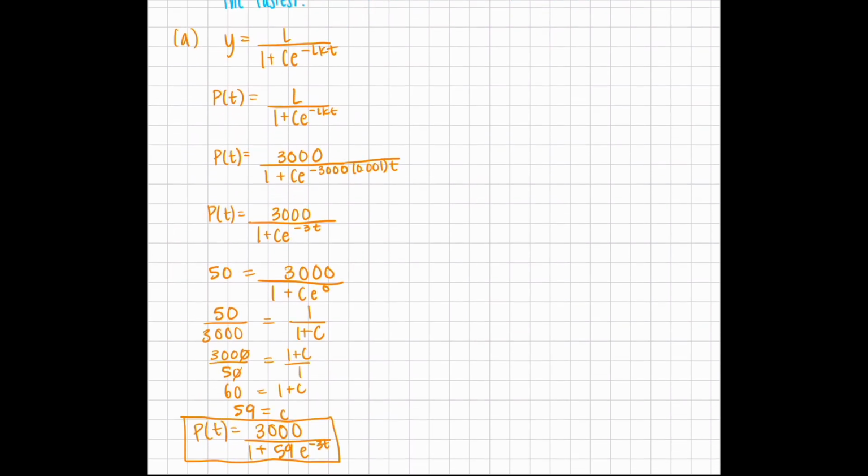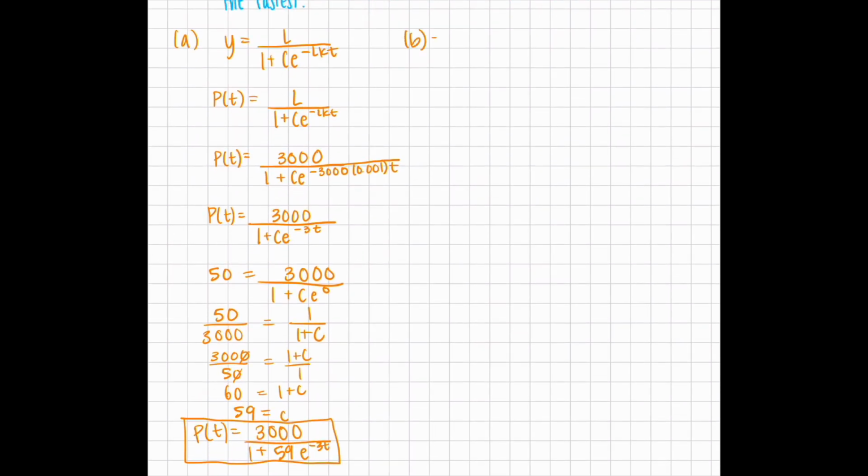So for part B, we're going to plug in 2. I get 3,000 over 1 plus 59e to the negative 6 when I plug in that 2. And when we plug that into a calculator, we get about 2,617 people.